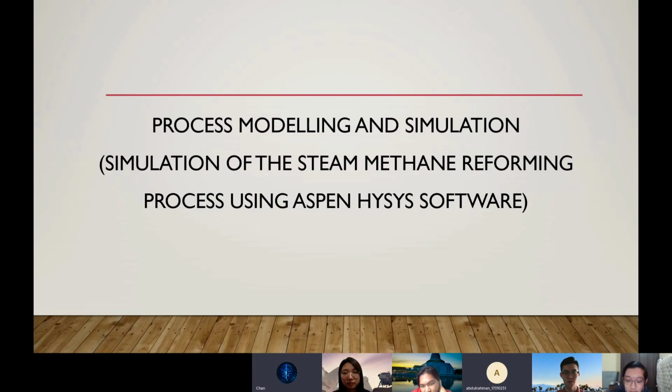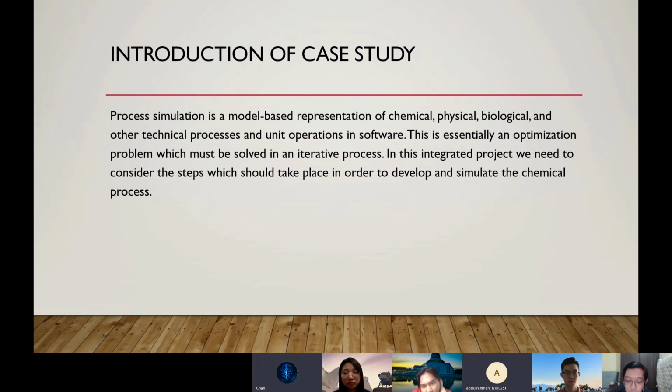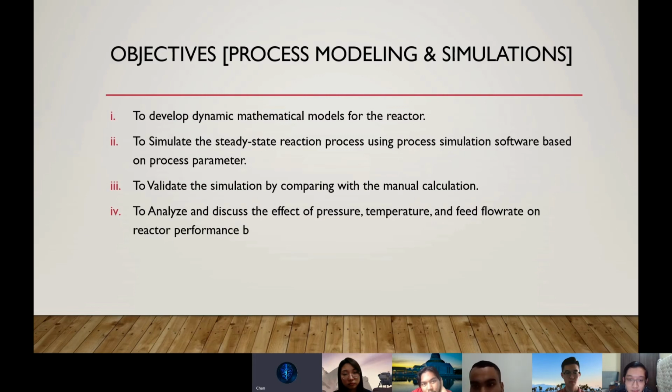Process modeling and simulation is the model representation of chemical, physical, biological, and technical processes and unit operations in software. It's essentially an optimization problem which must be solved in a process. There are a couple of objectives related to this subject.